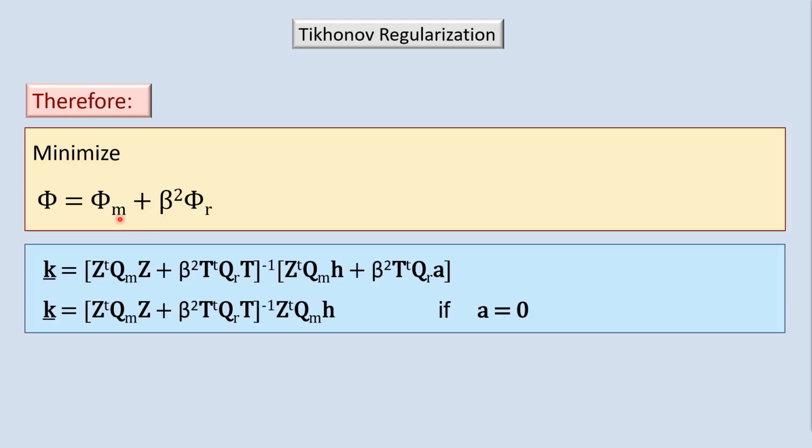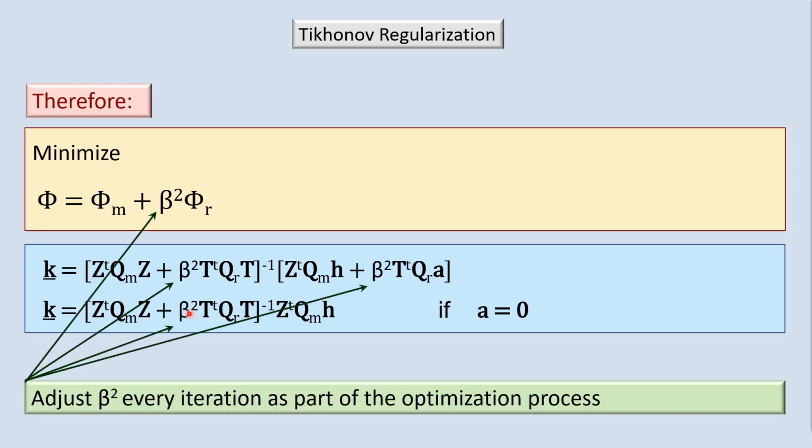So the equations I had before now include beta squared. And during each iteration of the constrained optimization process, which is used to solve the non-unique inverse problem, beta squared is adjusted in a way that guarantees that phi m will equal phi t, or at least get closer to it at the end of that iteration.